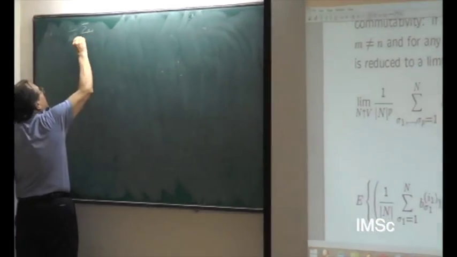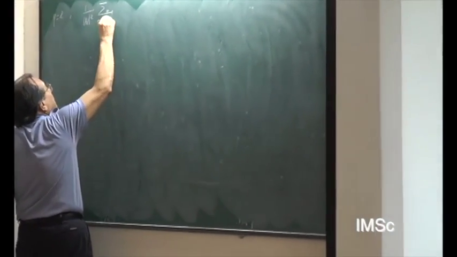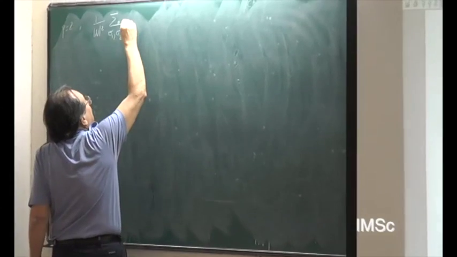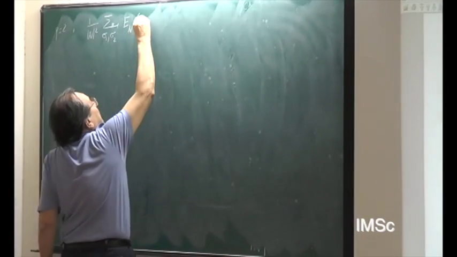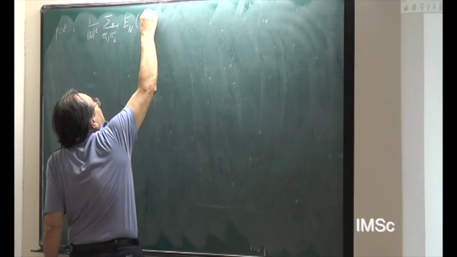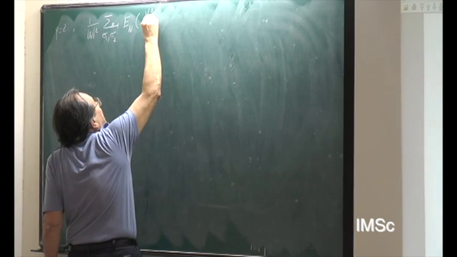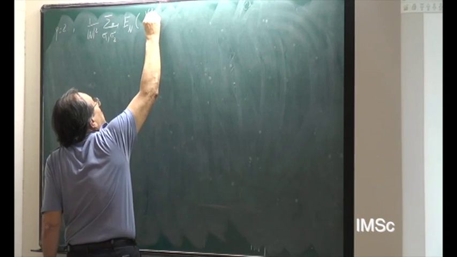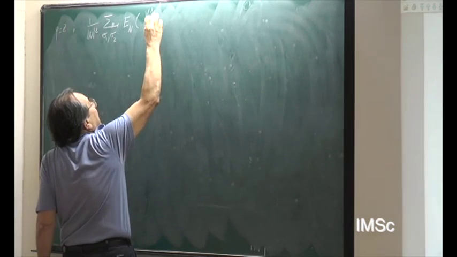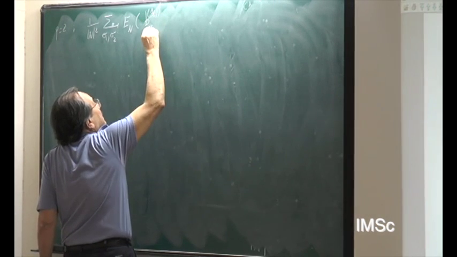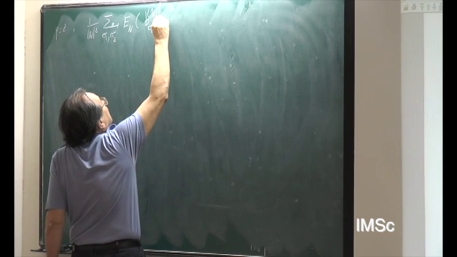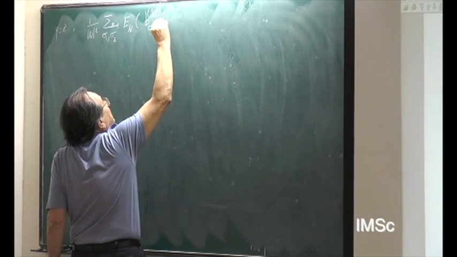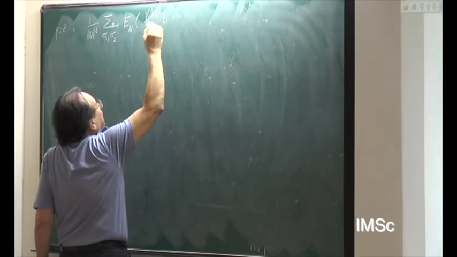Then I have only a summation over 2 indices, and then I have the expectation of b sigma left 1, s left 1, sigma 1, times the non-trivial situation.